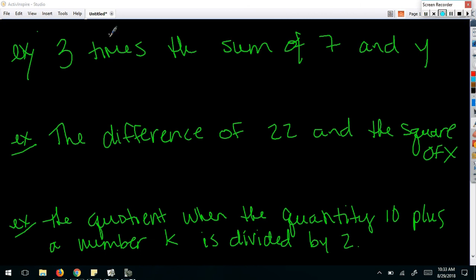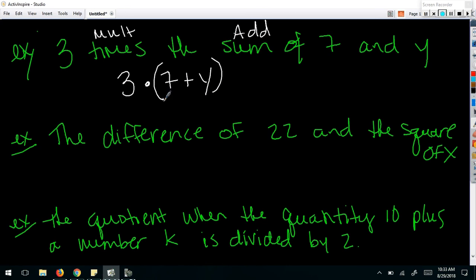Times, I know, means what? Multiply. Sum means add. All right, so 3 times the sum of 7 and y. 3 times 7 plus y.